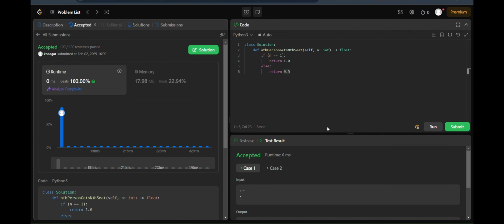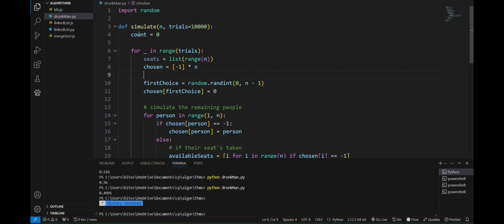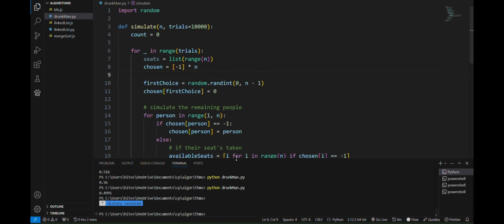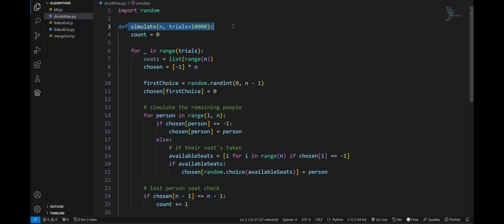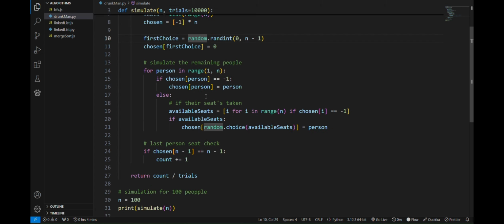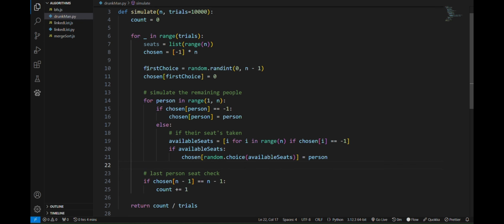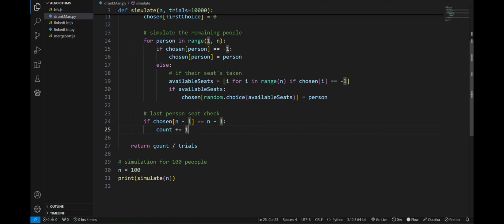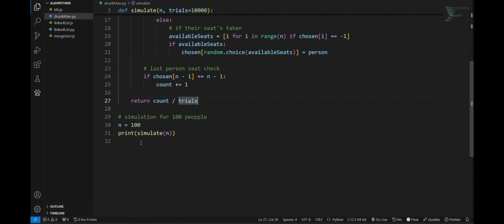Now I also wrote a code for simulating this particular question. In this, this is the number of trials we want to simulate this statement, and for this we randomly make the first person's choice, and then we simulate the remaining people who randomly sit on the available seats, and then we check if the last person sits on their seat or not, and then we calculate the probability.